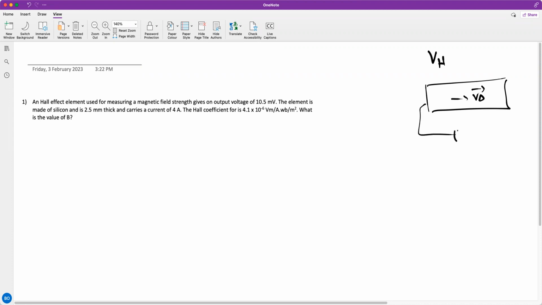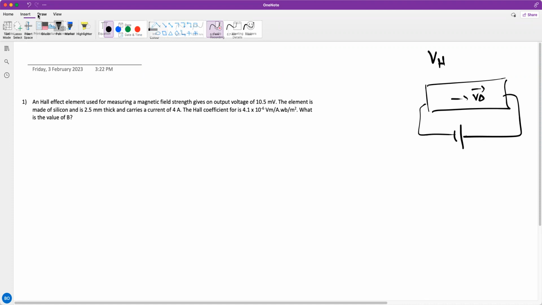Because the magnetic field is this way, the electrons will be here and the positive charges will be here, and here it will be V H. So depending on the situation, you will be given it, for example, in this example, a magnetic field gives an output voltage of 10.45 millivolt. So let's do this problem.